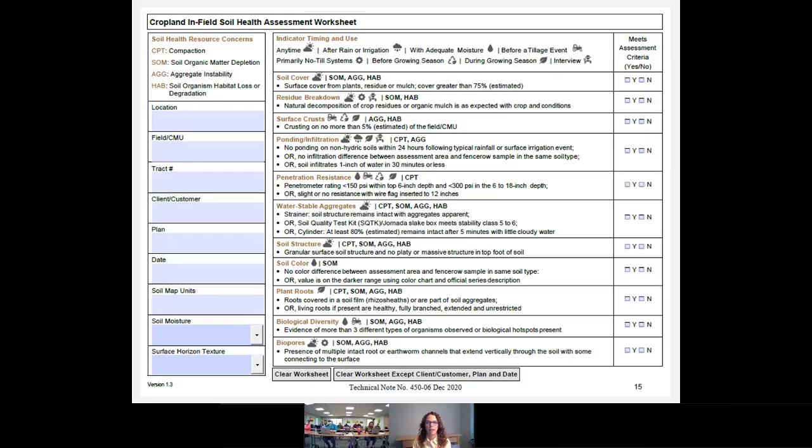There are some icons associated with each indicator, and they're generally organized by observations, and then when you need a particular technique to evaluate some of them. And then on the far right of the screen, there is a column to check yes or no if each indicator is meeting the assessment criteria.